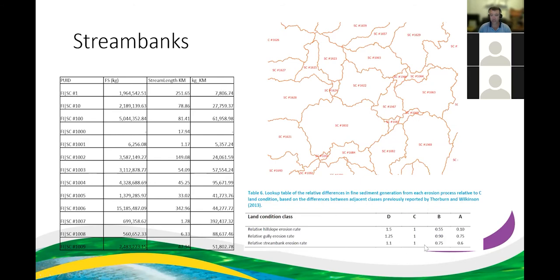So if we were in C as a beginning, on our 1 kilometer in this catchment, we'd be losing that whole 7.8 tons. When we move to B, we're now only losing 75% of that. So we would then work out what 75% of that is. If it was D, it'd be 110% of that.